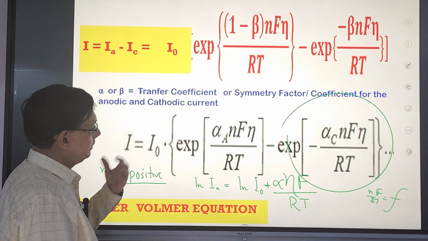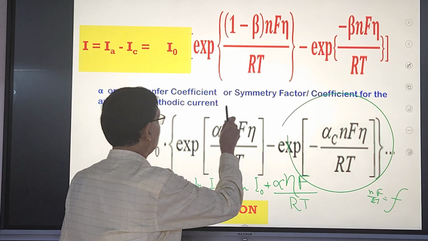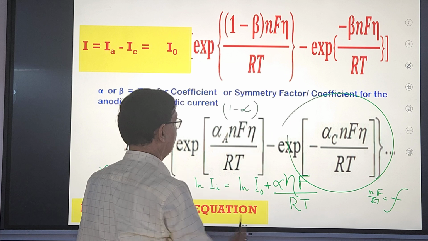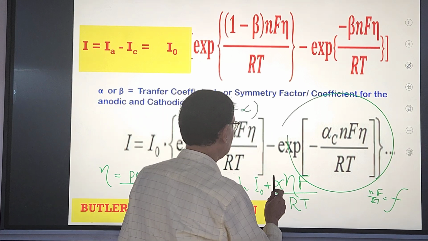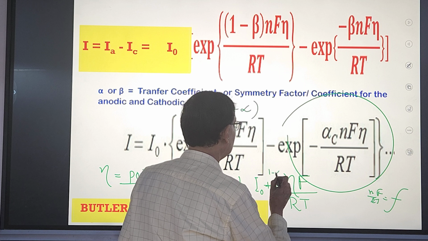And if you follow the Atkins, because they actually use that 1 minus alpha, you can write here in place of alpha, 1 minus alpha.